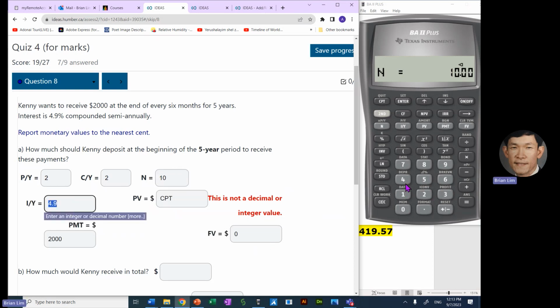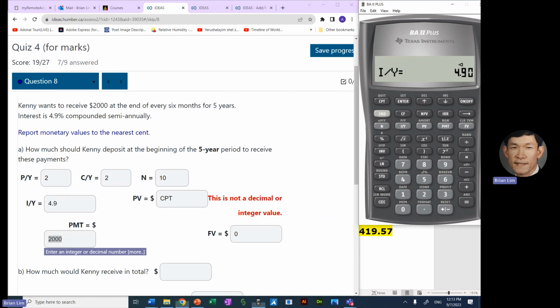The interest rate is 4.9, so we enter 4.9, and then we go I/Y. All right, present value is what we need to compute, as you can see right here. Kenny wants to receive $2,000, so we enter 2,000 and then we click on payment.